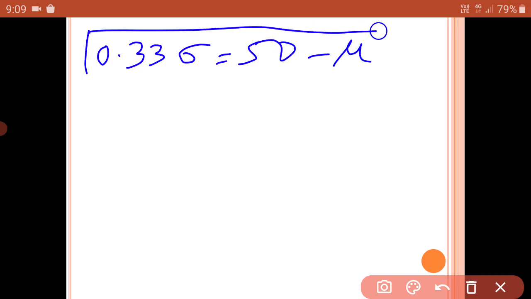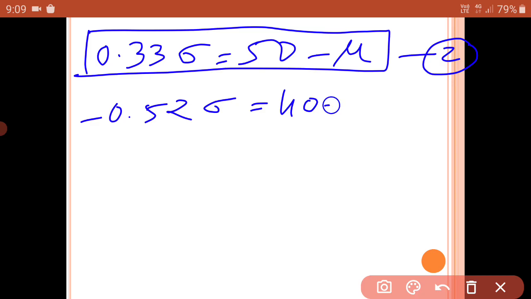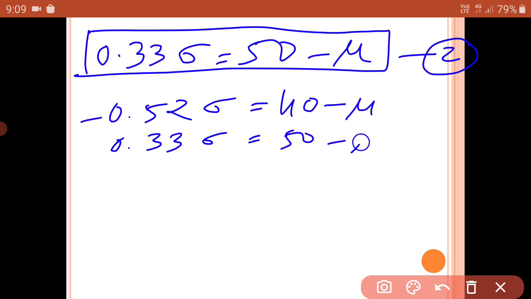It is your second equation, equation number 2. Then you write here the first equation, 0.52 sigma is equal to 40 minus mu, and the second equation, 0.33 sigma is equal to 50 minus mu.